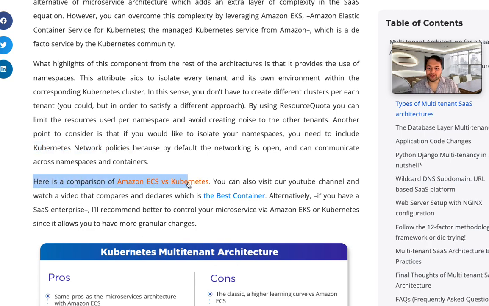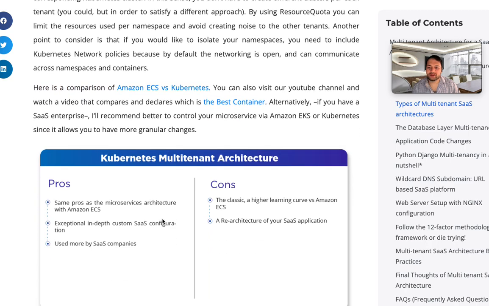And here's a comparison of ECS versus Kubernetes, pros and cons again. The pros are the same for Kubernetes as the microservices architecture with ECS. And there's exceptional in-depth custom SaaS configuration, and it's used more by SaaS companies.